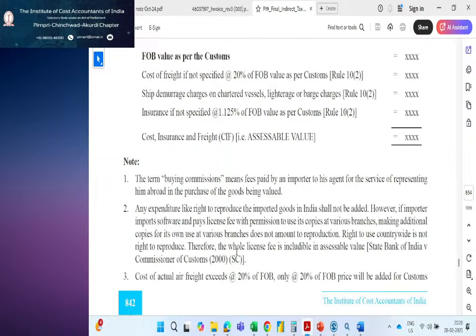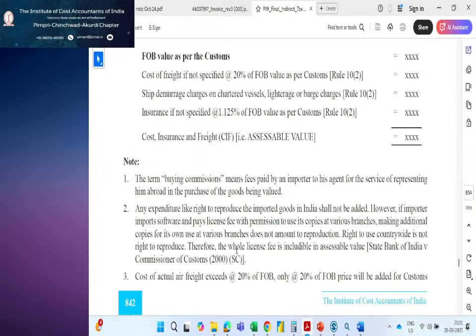Then the next one is any expenditure on the right to reproduce the imported goods in India, which shall not be added. If an importer imports software and pays a license fee with permission to use its copies at various branches, making additional copies for its own use at various branches, it does not mean it is called reproduction.